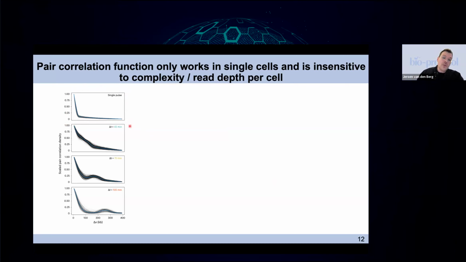If you now do a double pulse labeling with different times in between these double pulses, you start to see that there's indeed an extra hump coming into the data. At 45 minutes it doesn't seem well defined enough to really extract this.